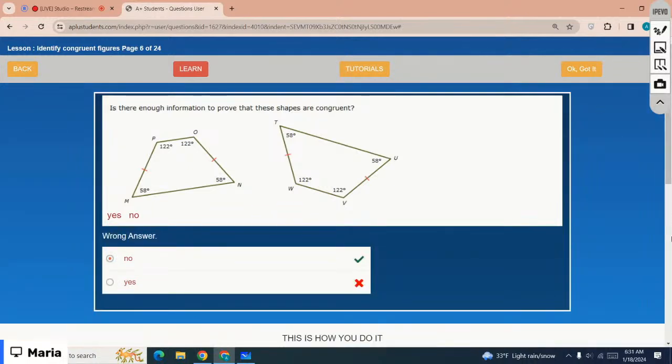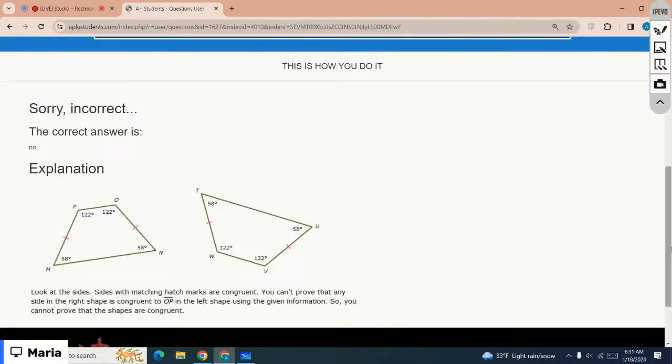Why no? All the angles are congruent, all the sides are congruent. Look at the sides. Sides with matching hatch marks are congruent. You cannot prove that any side in the right shape is congruent to OP. WT is congruent to OM, and OM is congruent to UW. But what about TU and PU? They are not congruent.